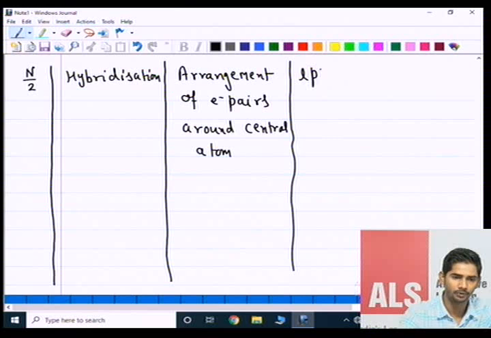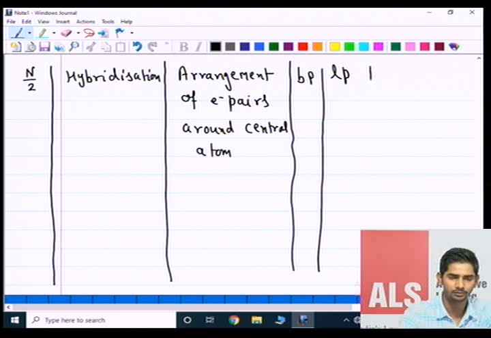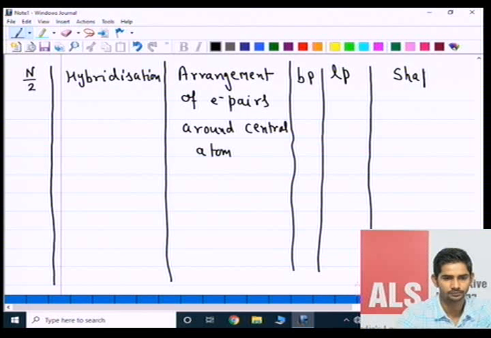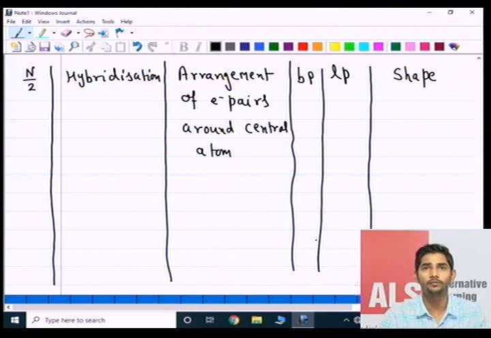Here bond pair, here lone pair, and here we will get the shape.